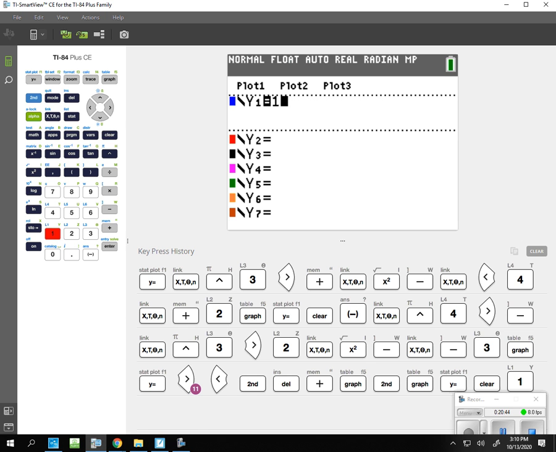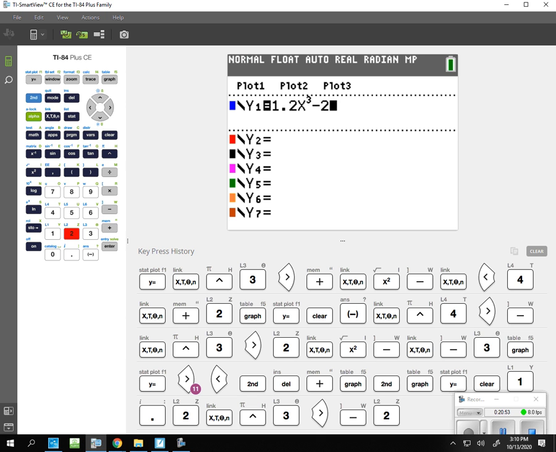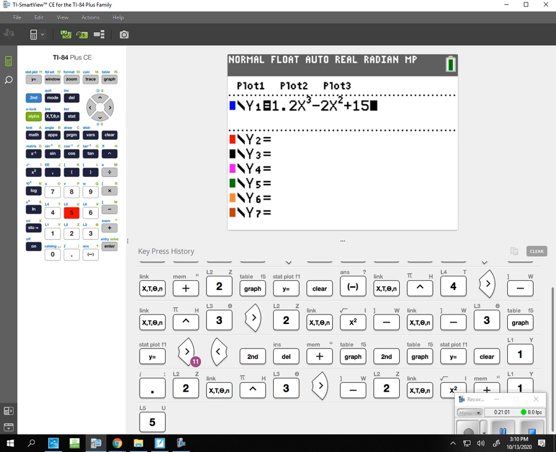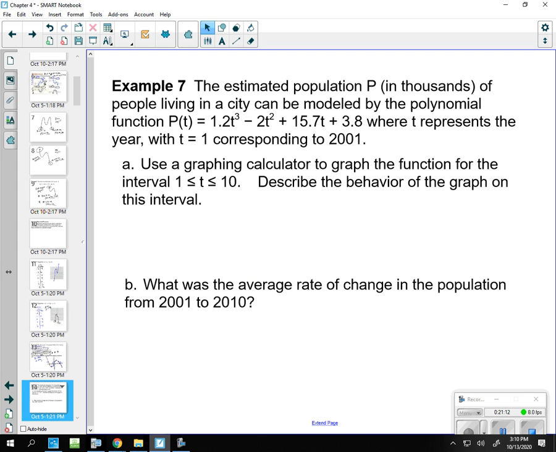So I had 1.2 x raised to the third minus 2 x to the second plus 15.7 x plus 3.8. So I'm going to go back just to make sure that I typed it in right. All right, I believe I did.